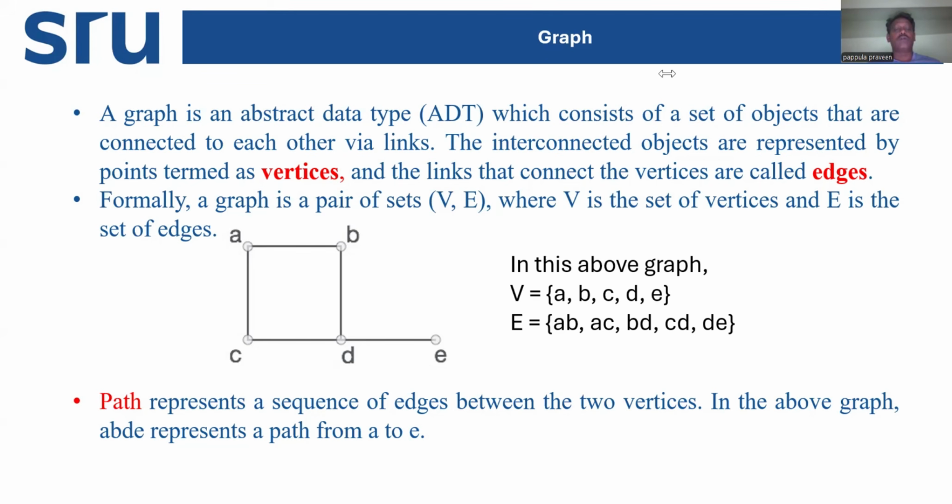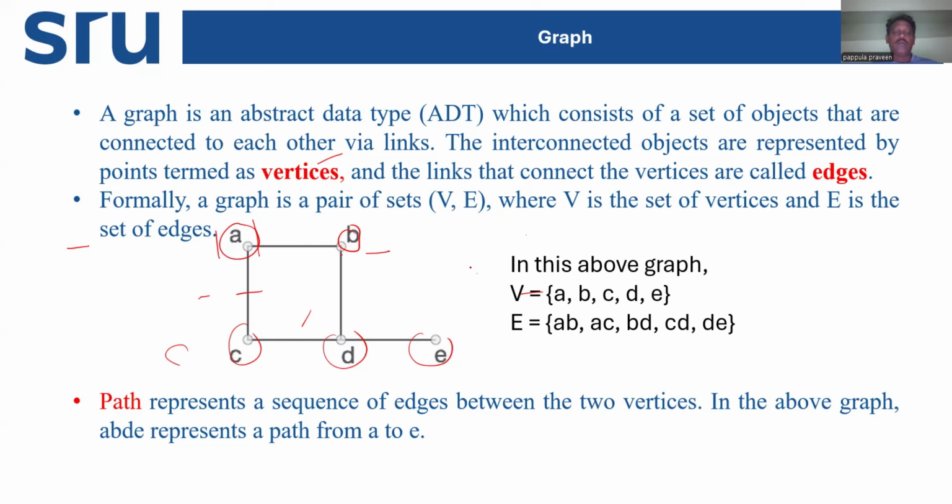Now consider this graph G. We have five vertices: the first vertex is A, second is B, third is C, fourth is D, and fifth is E. In this graph, V equals A, B, C, D, E. And what are the edges we have?